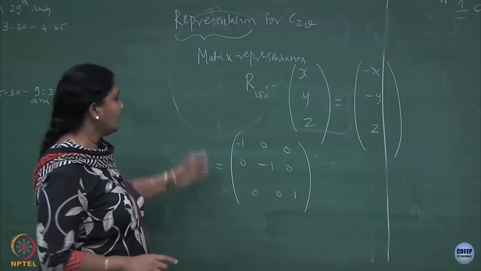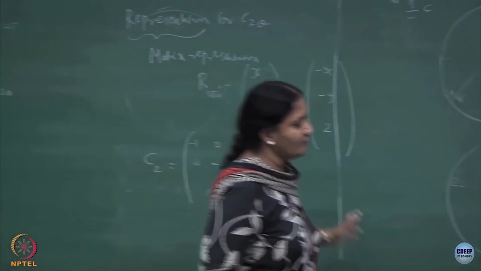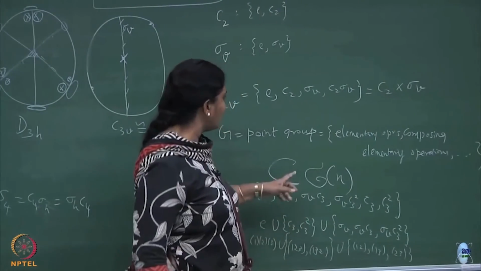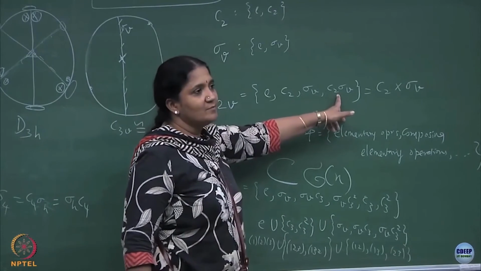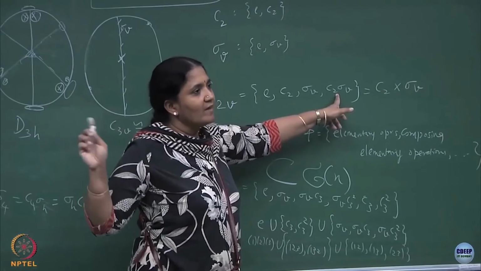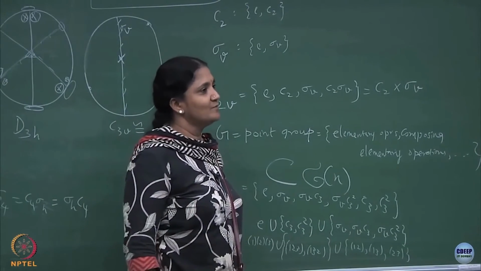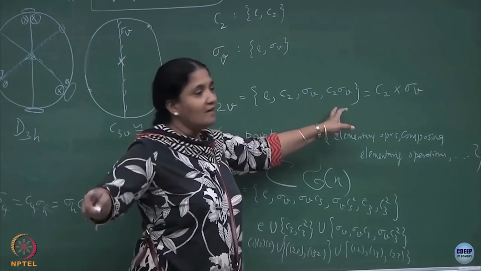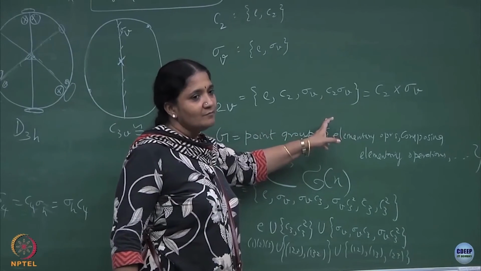And clearly once I have written this, the properties which you have, if you multiply sigma v with C2, you will get one of those elements which is C2 sigma v, and you can verify that. Those are the other two mirror planes which you have. One mirror plane was sigma v, C2 sigma v is the other mirror plane. Okay.